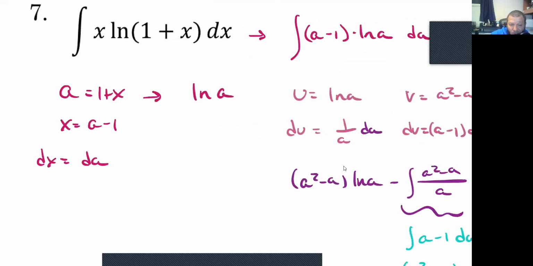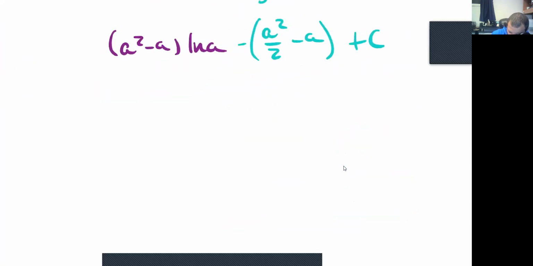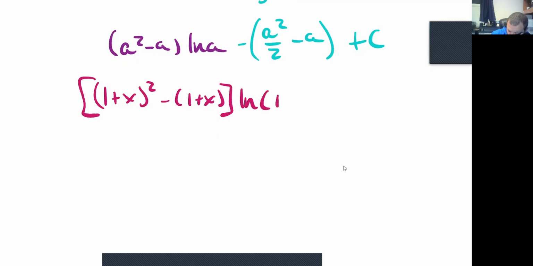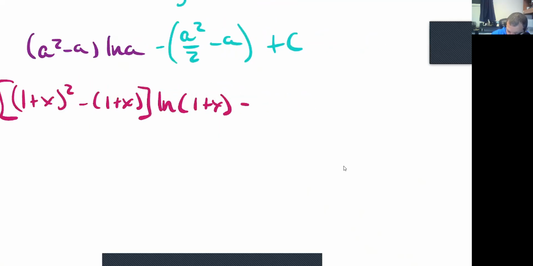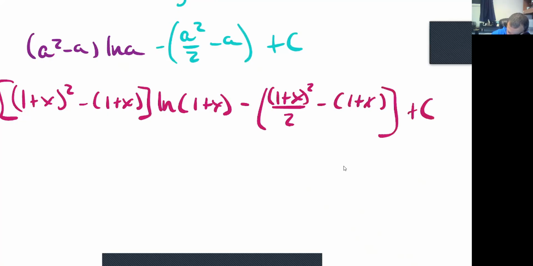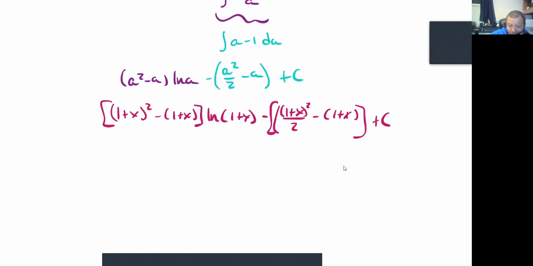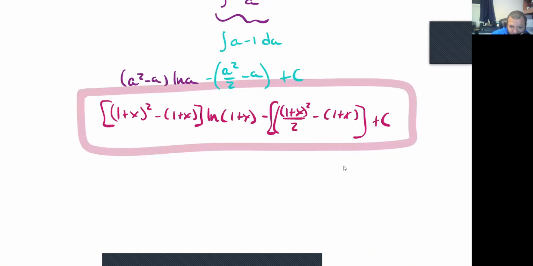A was equal to 1 plus x. So we would get 1 plus x squared over 2 minus 1 plus x, all of this times the natural log of 1 plus x, minus 1 plus x squared over 2 minus 1 plus x, plus a constant. And that would be one way that we can write our antiderivative.